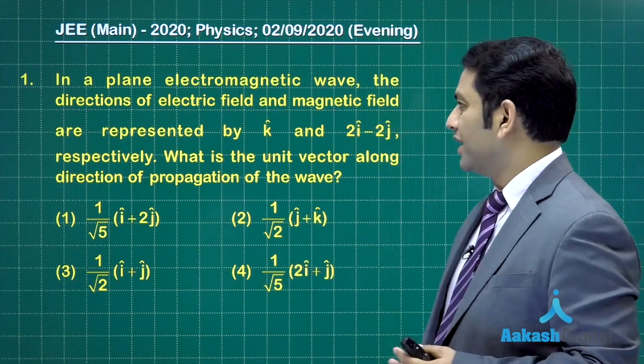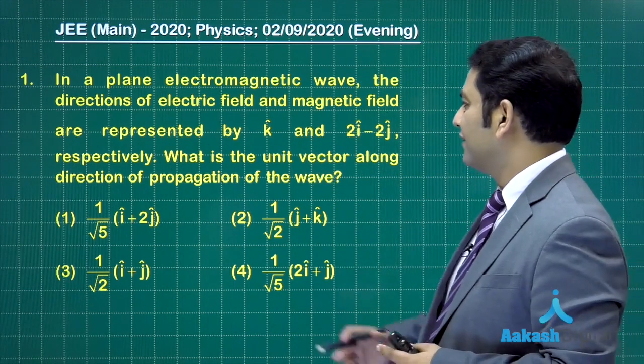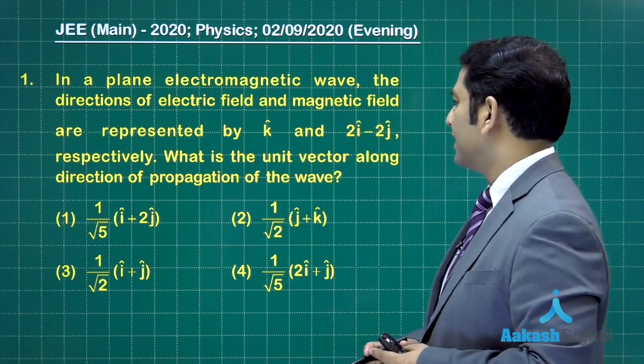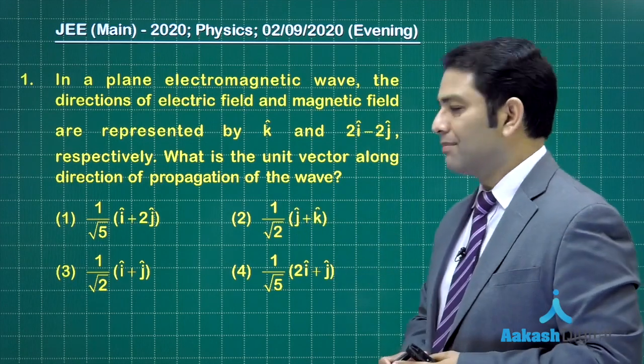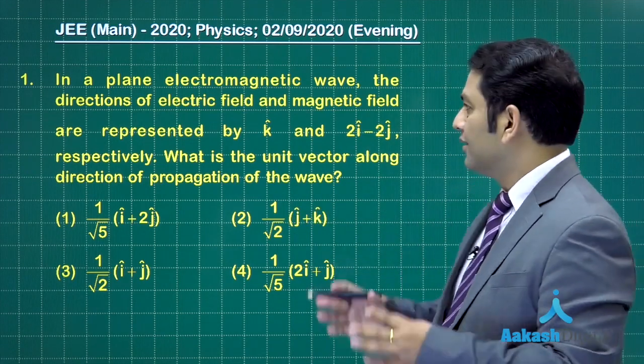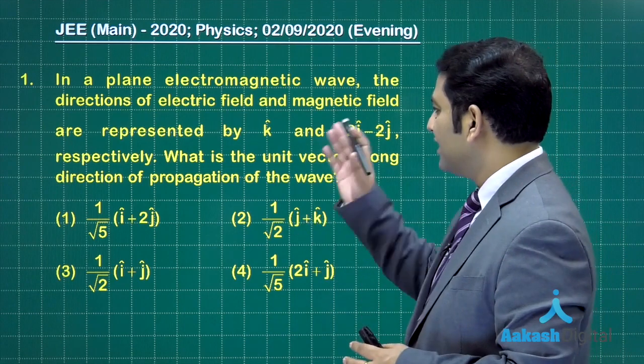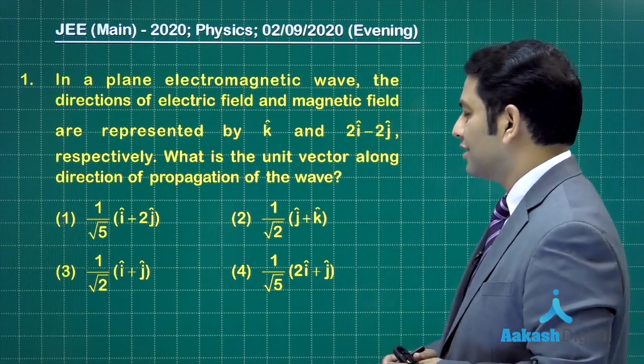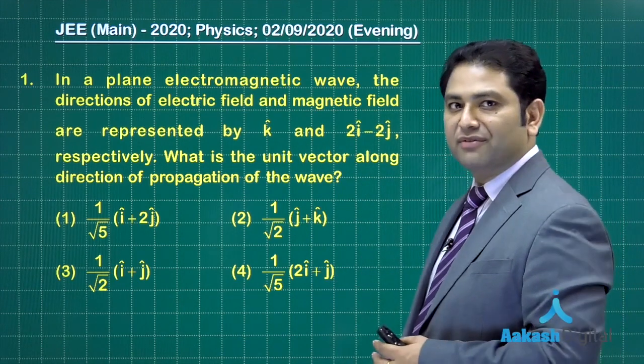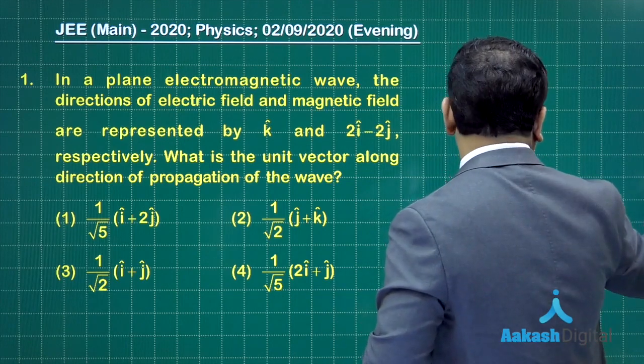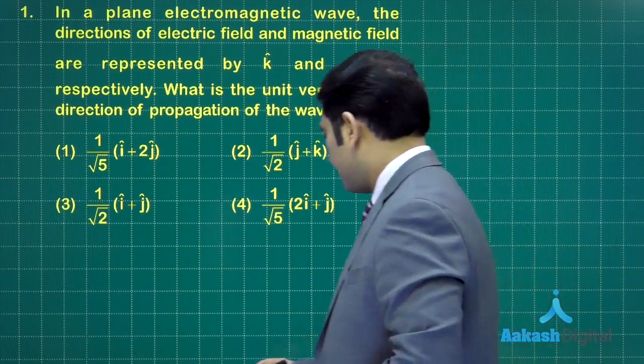The electromagnetic wave, the direction of electric field and magnetic field, that's given by k cap and 2i cap minus 2j cap. From this, we need to calculate the unit vector along the direction of propagation of the wave. So what we'll do here is something like this.